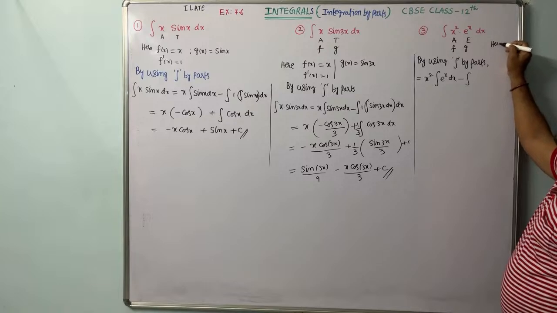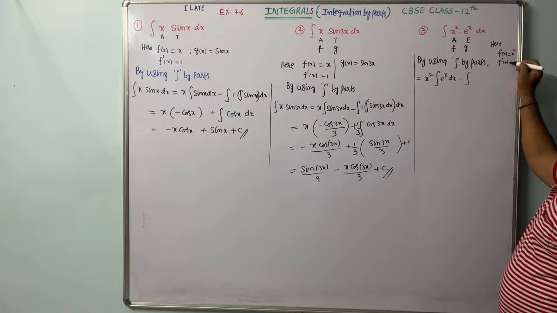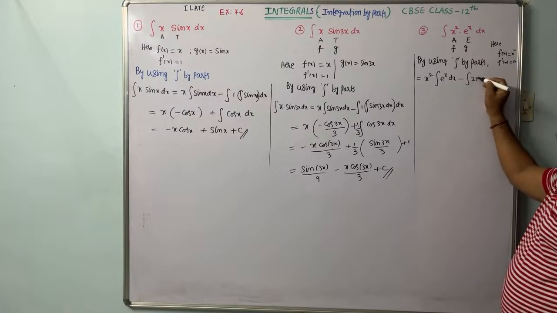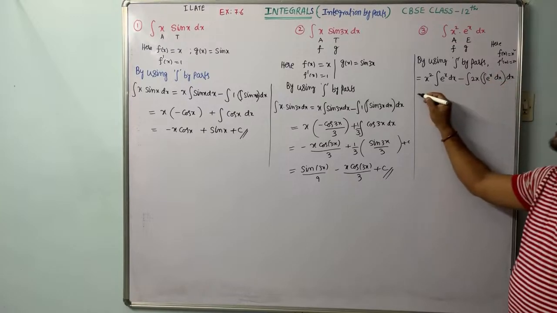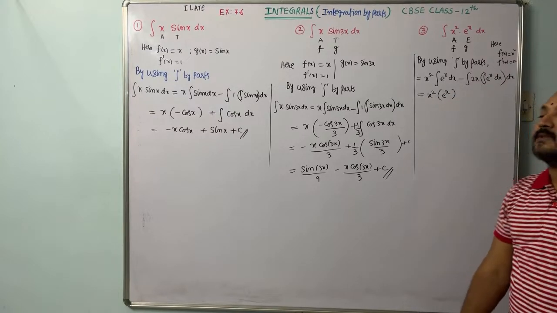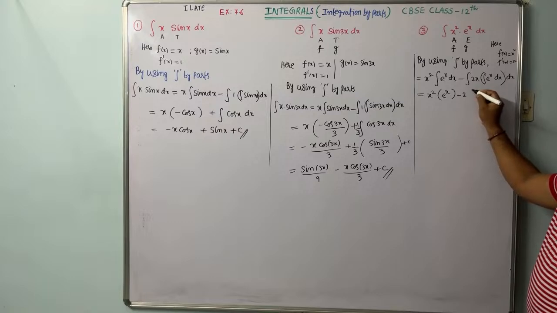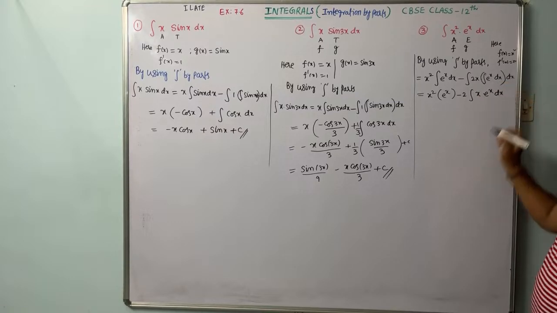Here f of x is x square, I forgot to write this procedure. f dash of x is equal to 2x. So f dash of x into integral g of x, integral e power x dx, whole dx, which is equal to x square into integral e power x, which is e power x, minus 2, we can bring out, x into integral e power x, which is e power x dx.